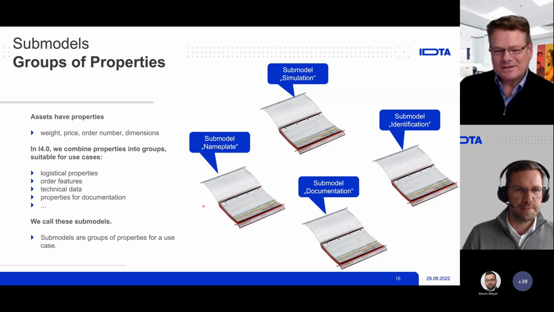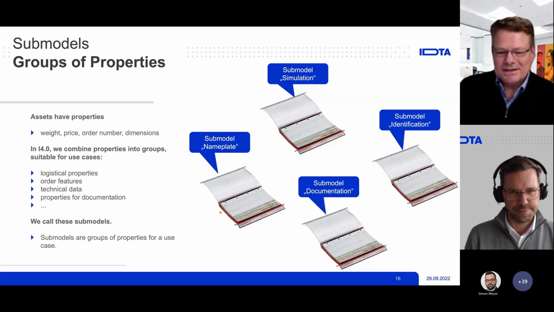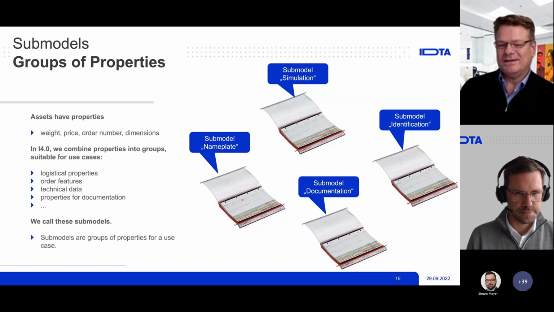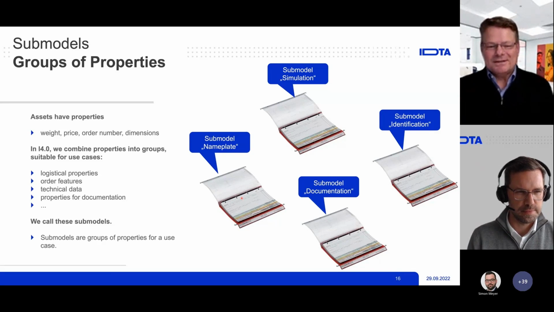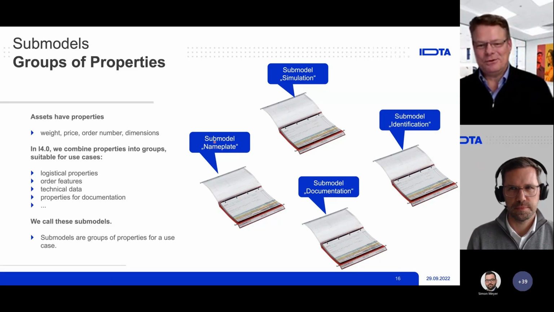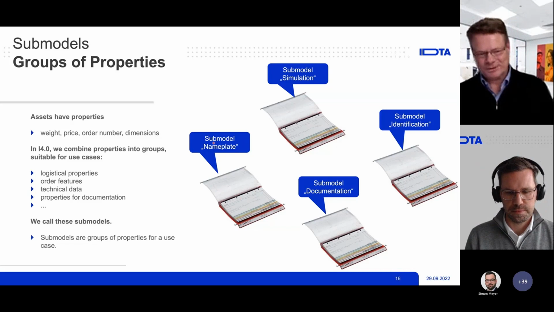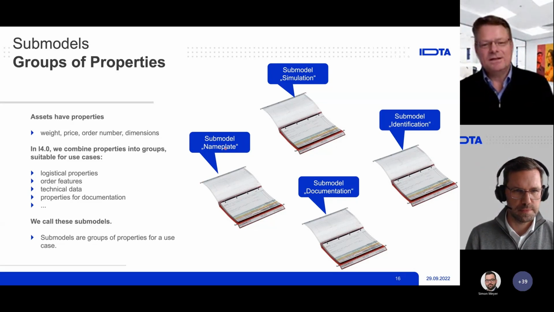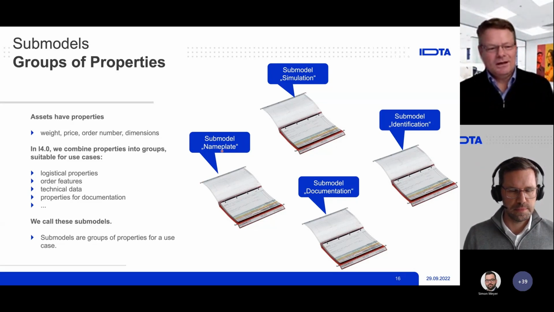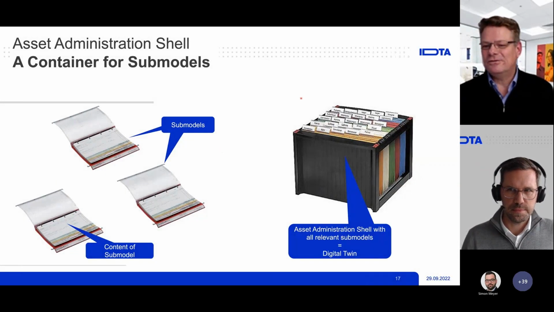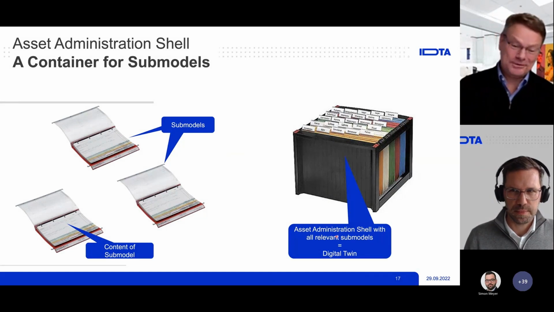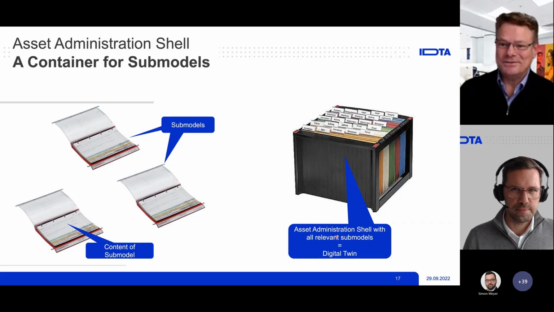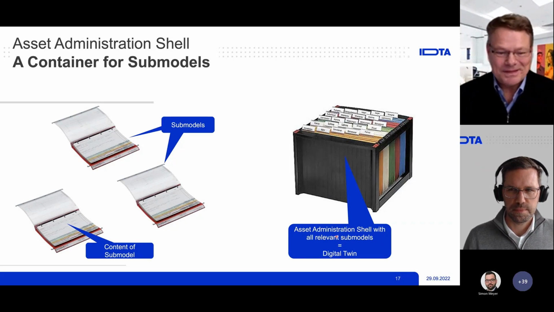For example, if you look at the submodel nameplate, it is a digital model of what you find on the nameplate of a product. So it's like a digital model, and as it is not complete, we call it a submodel. So a submodel only looks at a special use case, and the collection of all relevant use cases is then called the asset administration shell. And of course, we are not using folders and this box there. We are using digital exchange methods.